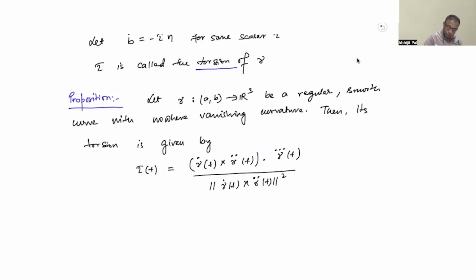Proof. First, let us assume that gamma is a unit speed curve.